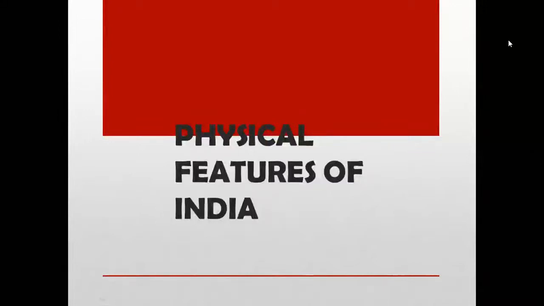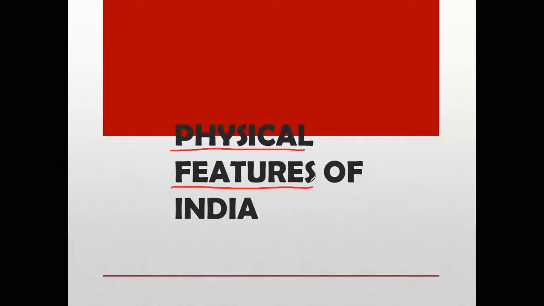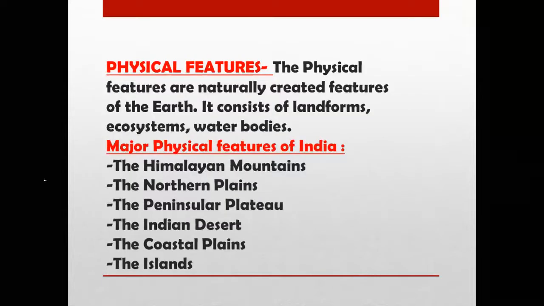In this topic, we will discuss the physical features of India. Now, first of all, what do you understand by physical features? Physical features are those features which are naturally created on the earth. It consists of landforms. Landforms means type of relief structure or topography or land present in an area.